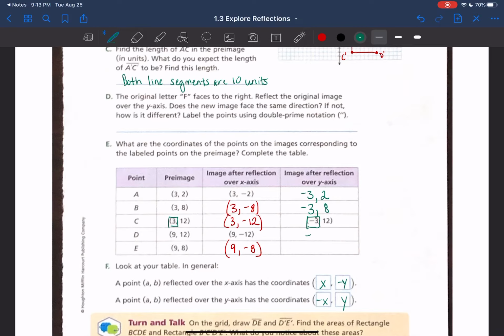For D, same thing. Opposite of the x, y stays the same. And then last, E, opposite of the x, y stays the same. So we have our coordinates, and we can go ahead and plot these points on our coordinate plane.